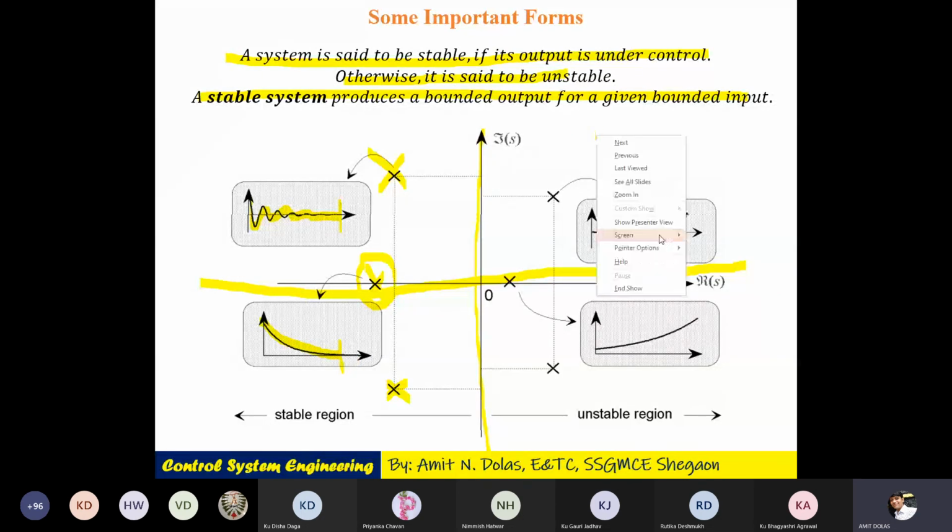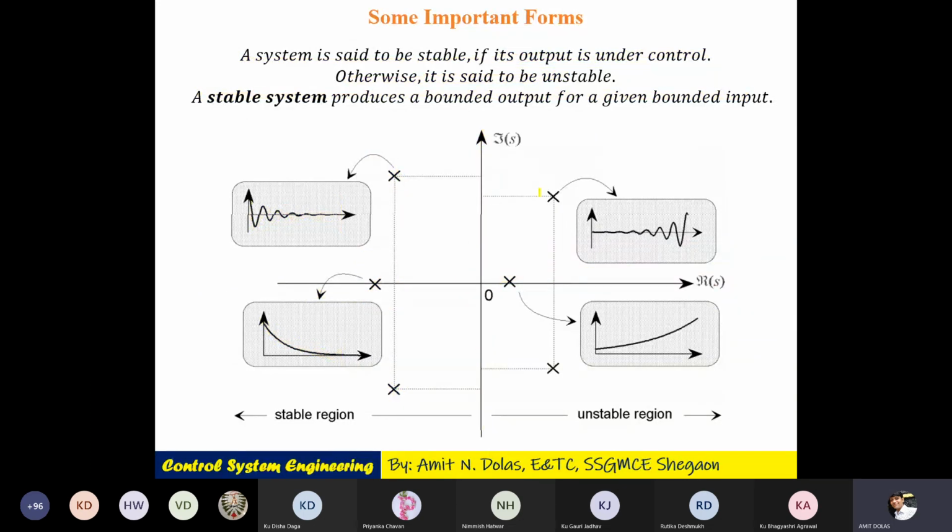But you can come to the right hand side of the plane. If I have a complex conjugate pair on the right hand side of the S plane, then the system is the reverse. It starts from 0 and it will be overdamped, going to infinity somewhere. So it is the unstable region. Again, if there is a pole on the right hand side exactly on the real axis, then it will not be exponential decay, it will be exponential growth.